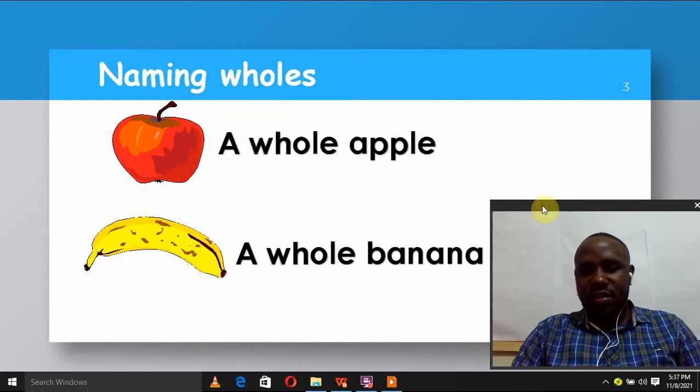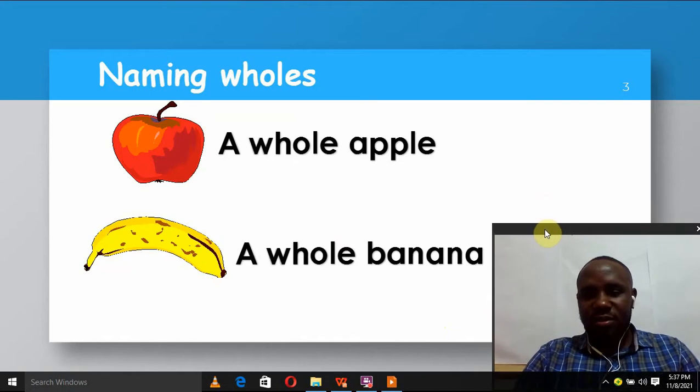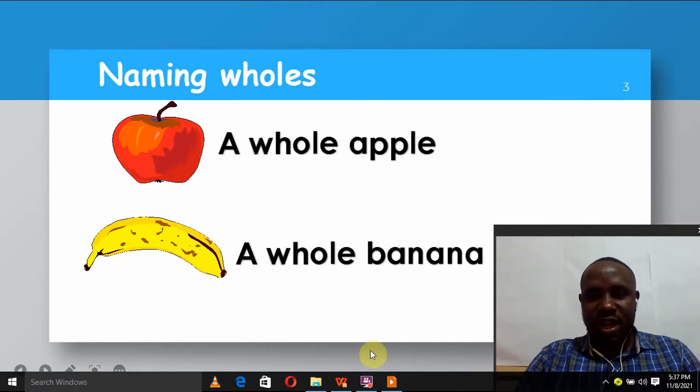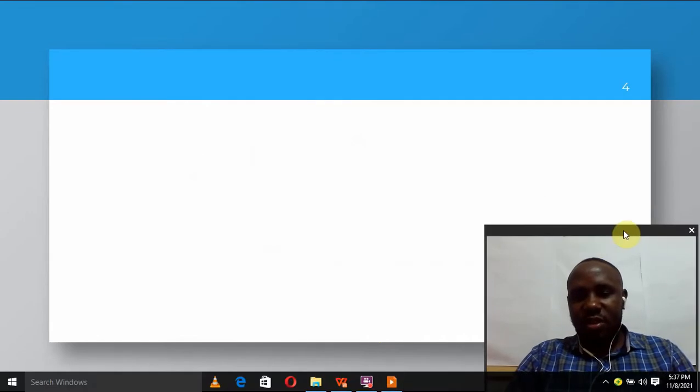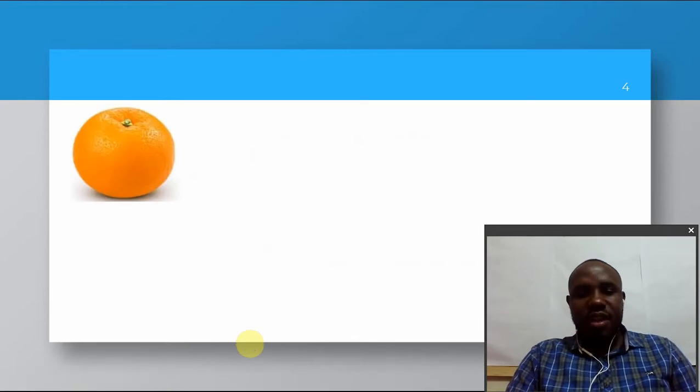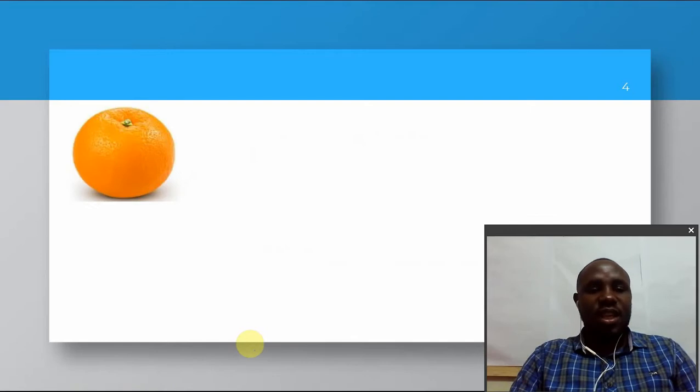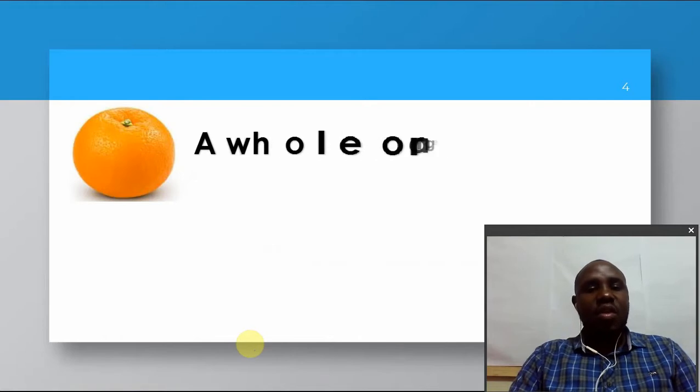Okay, let's move on, class. What do we have today apart from that one there? That's an orange. This orange has not been cut into parts, so it's still a whole. So we can say it's a whole orange.